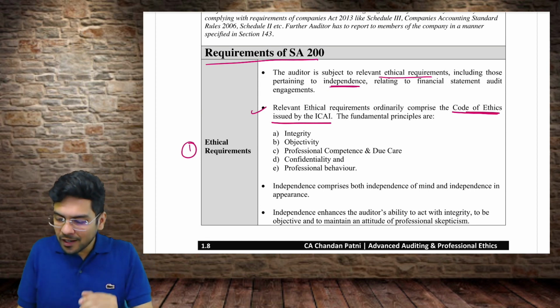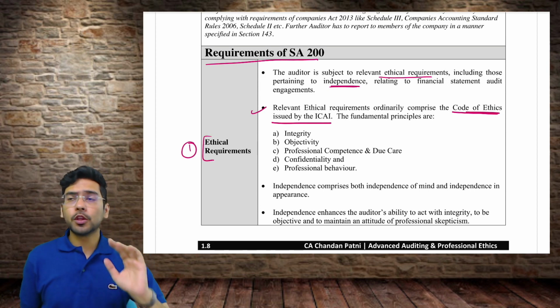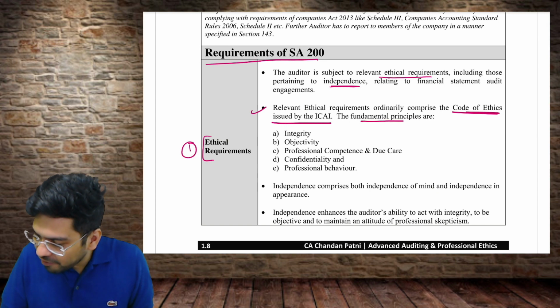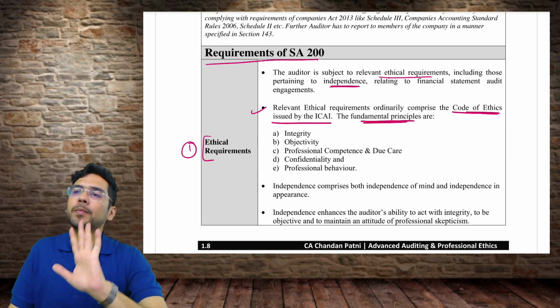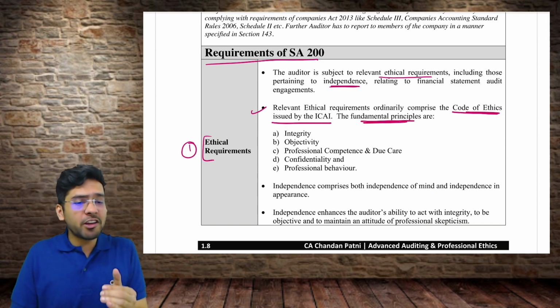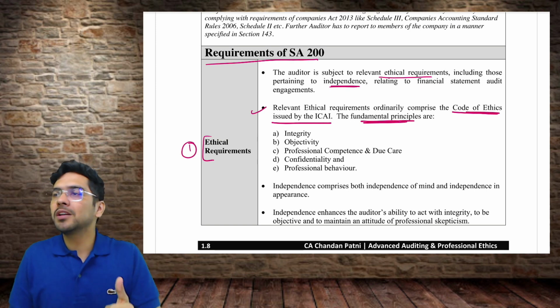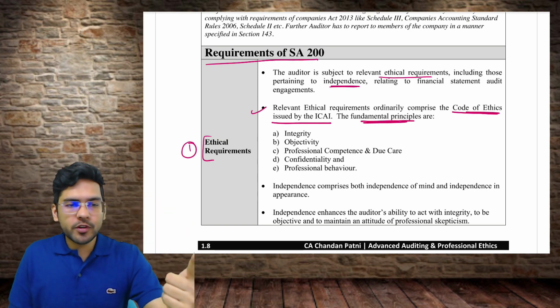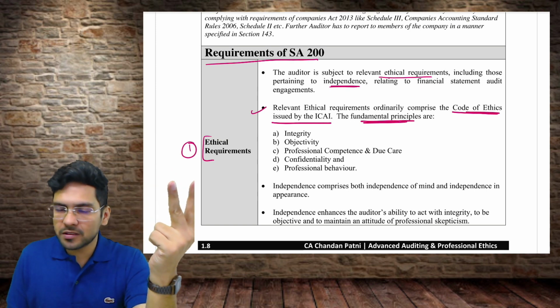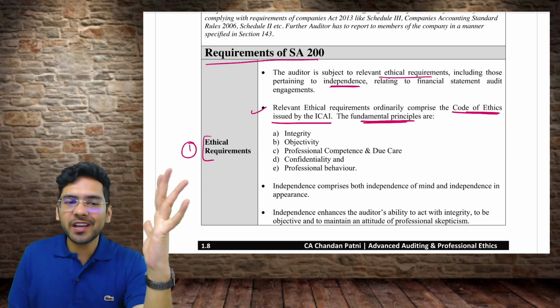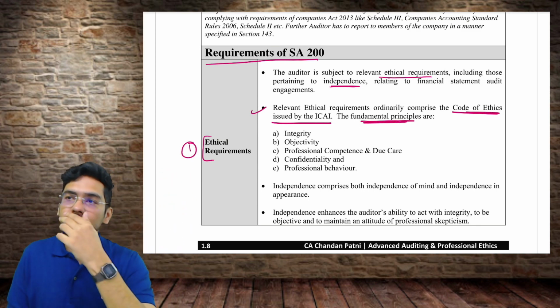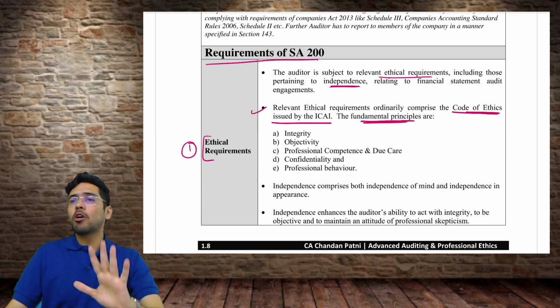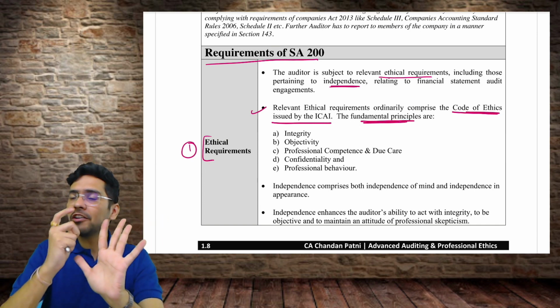But when I say ethical requirements, you have to remember these 5 fundamental principles. Number 1 is integrity, then objectivity, professional competence and due care, confidentiality, and then professional behavior. So under ethical requirements, we have 5 fundamental principles.